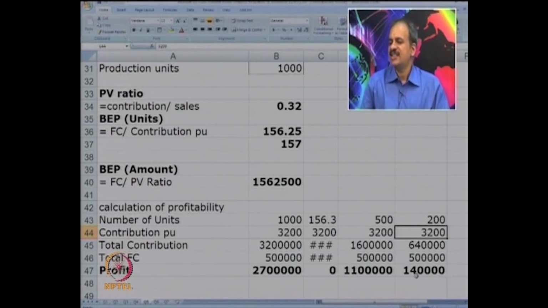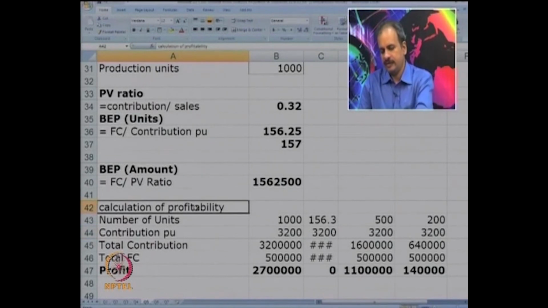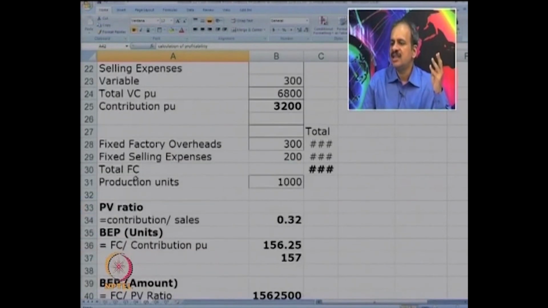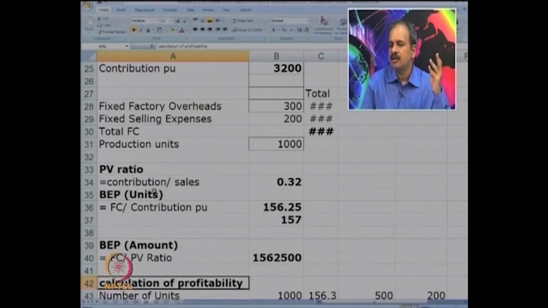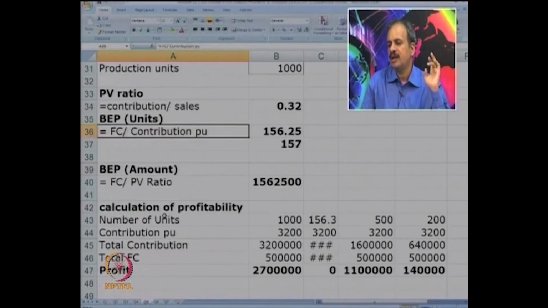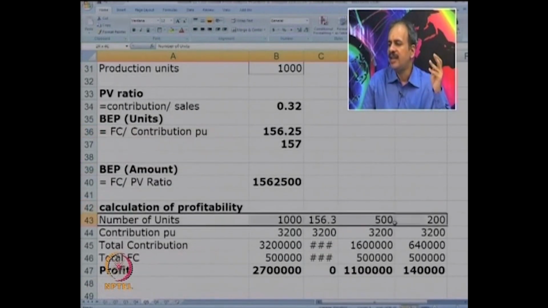Okay. So now I hope you are very clear about all these concepts, that contribution margin, which is nothing but sale minus variable cost. Then we have also seen PV ratio, which is contribution upon sales, BEP, which is FC upon contribution. And you can see how it can be used to calculate profitability at various levels.